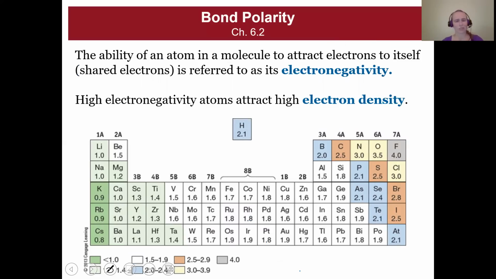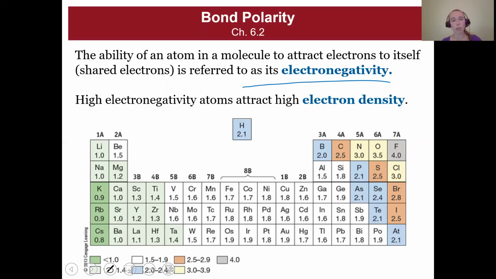So why are electrons shared unequally? Why do some nuclei pull the electrons closer to themselves than others? The ability of an atom in a molecule to attract shared electrons to itself, so it's attracting these bonding electrons to itself, is referred to as electronegativity. A few of you asked a while ago about the differences between electronegativity and electron affinity.